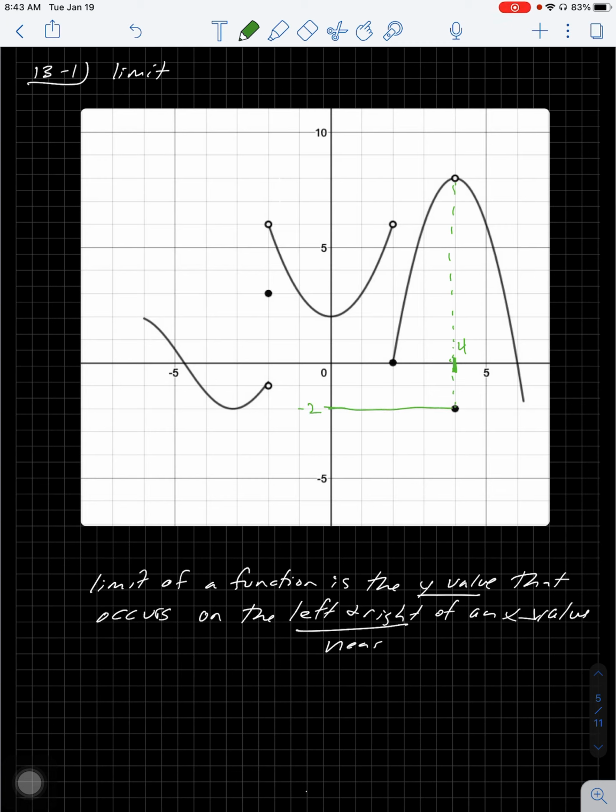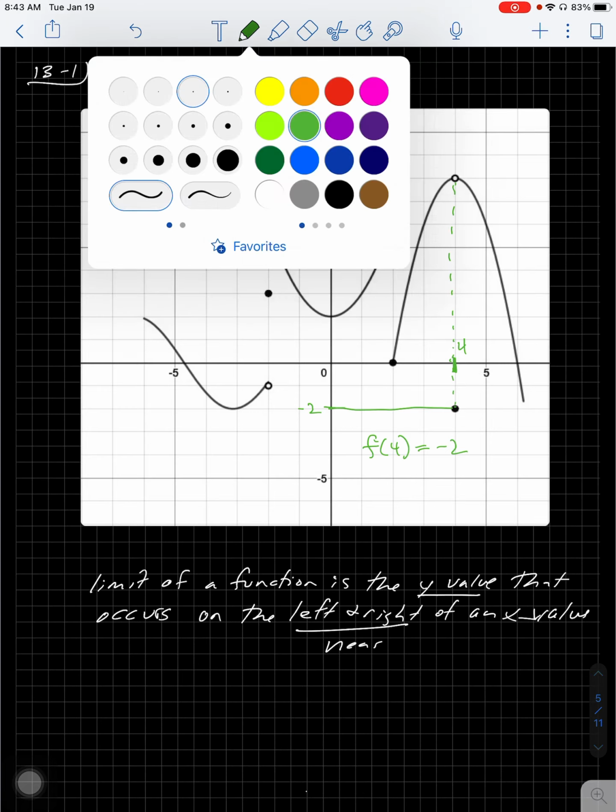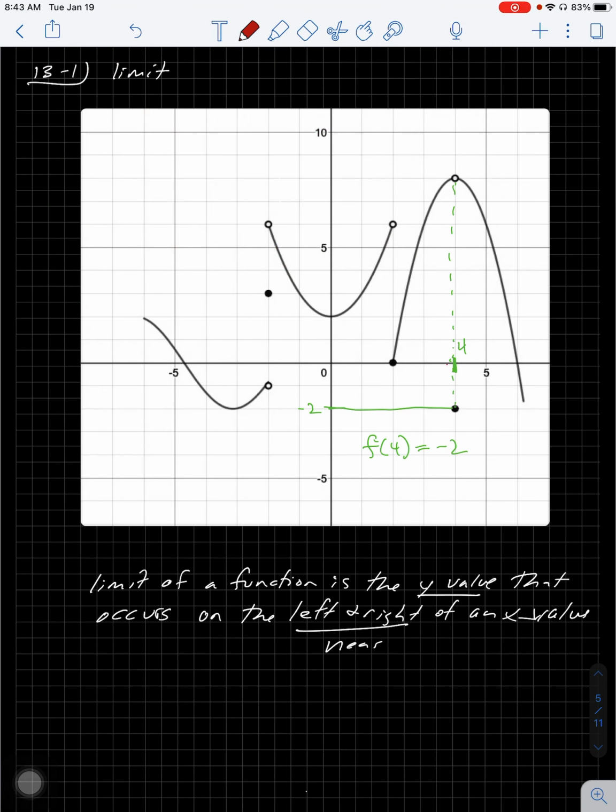So I would say that f of 4 equals -2. You did that in algebra 2. But when I ask you what's the limit at 4, what I'm asking is, what's happening right next to 4? So not directly at it, but just to the left and just to the right of 4.